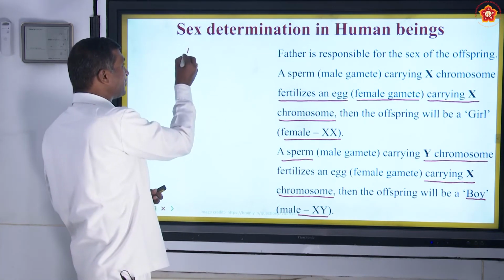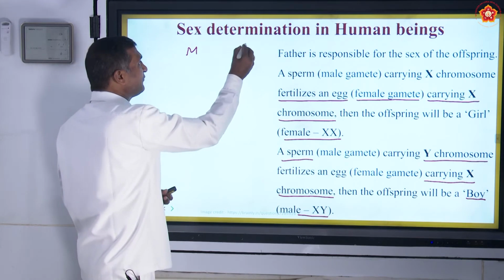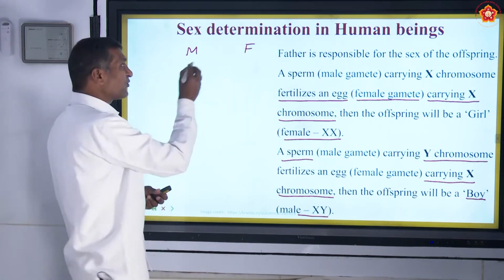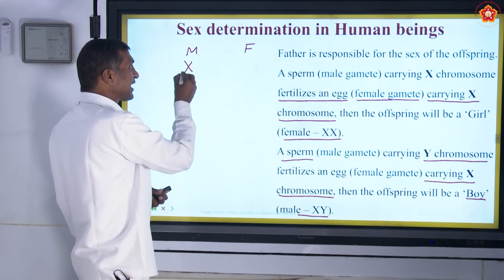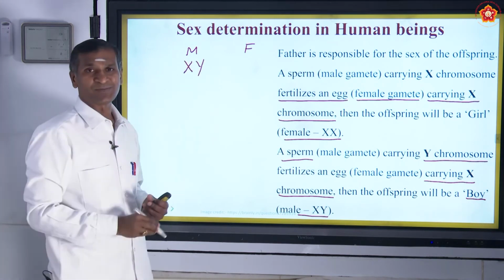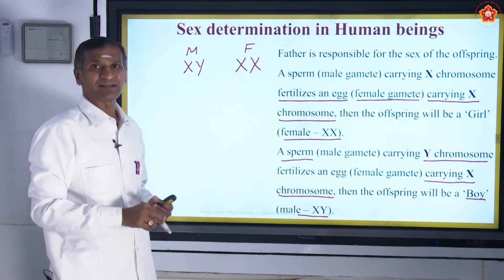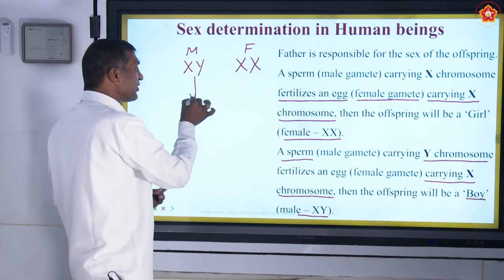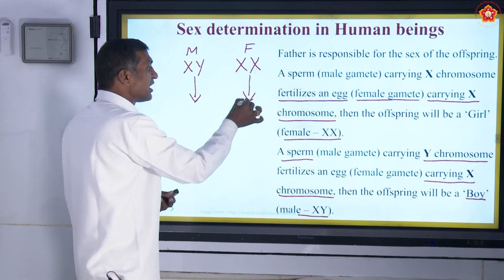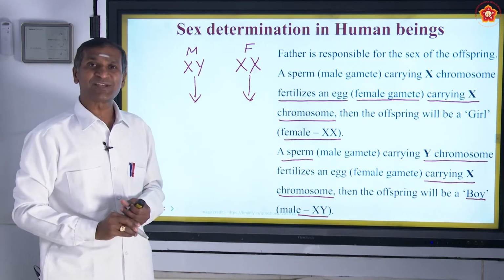Observe here all of you, male, here female. So male, you know, is heterogametic, XY chromosomes are there. In female, XX, it is homogametic. During reproduction, the gonads give rise to gametes.